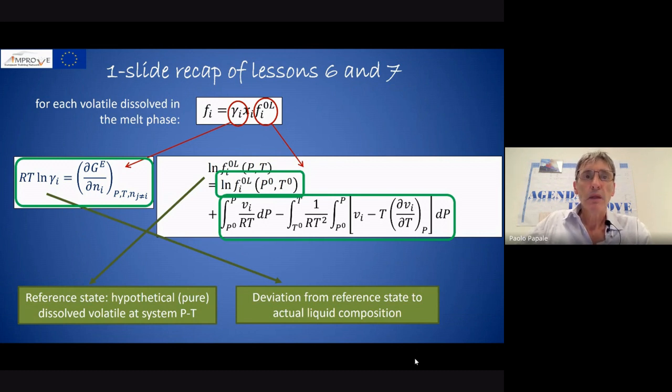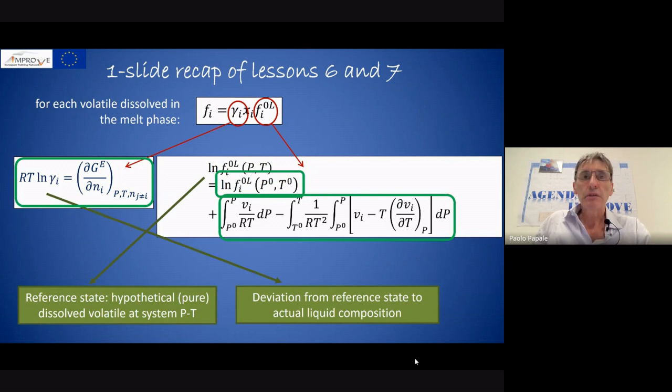Once again, the roles of pressure and temperature are absorbed by the hypothetical pure dissolved volatile that we adopt as a reference, while the excess Gibbs energy takes care of the effective melt composition.